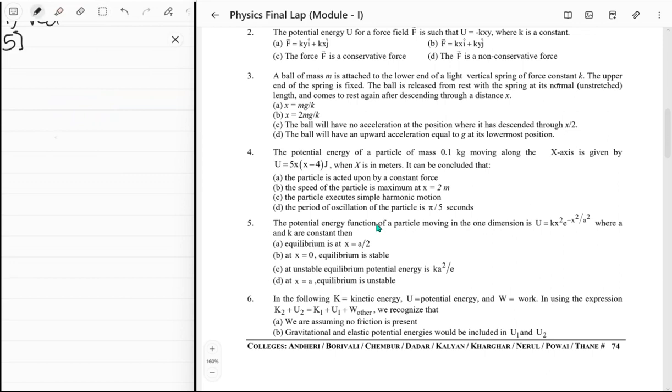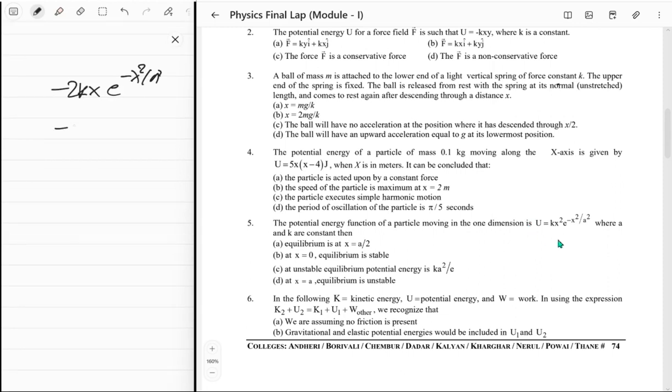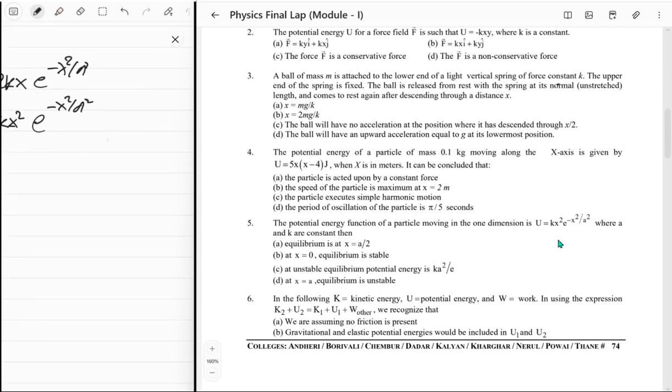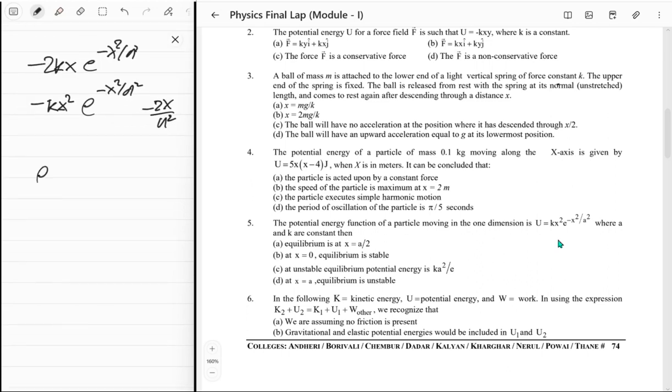Nothing about it. तुम इसका derivative लोगे, पहले negative के x, इसका भी like negative 2 k x e power negative x square upon a square, और फिर negative k x square and then the derivative of this. So negative k x square and then once again the same thing. But now you also have this other term, so negative 2x upon a square, right? So e power negative x square upon a square common ले लो, what do you get?